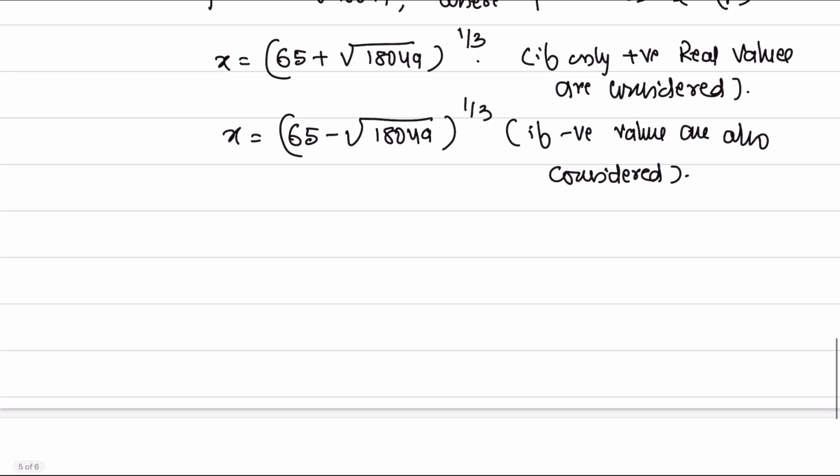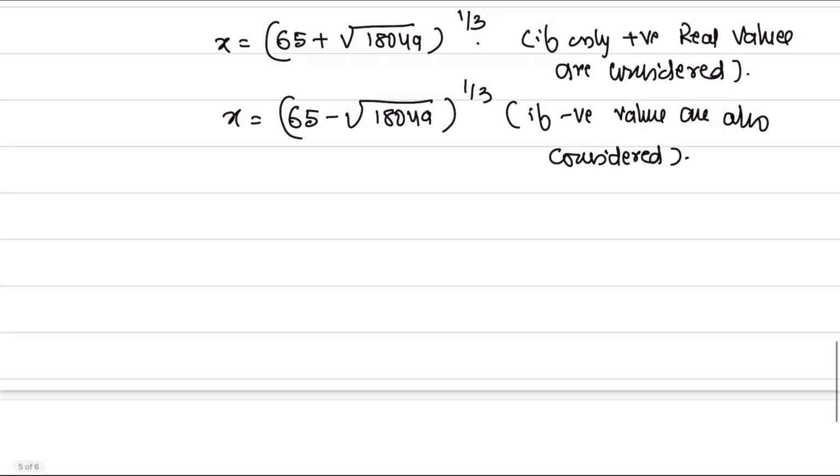Now, x is equal to 65 plus or minus square root of 18049 to the power of 1 by 3, the overall solution. For real positive values, it is 65 plus square root of 18049 to the power of 1 by 3. Now, next question is to find out y.